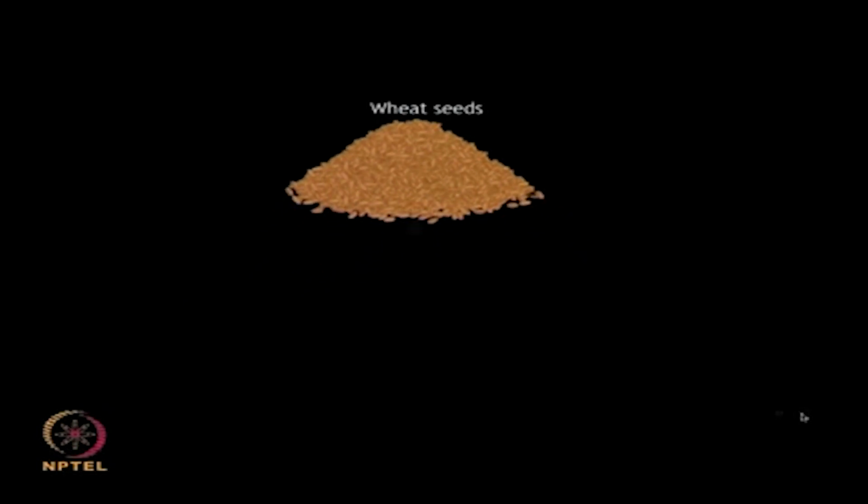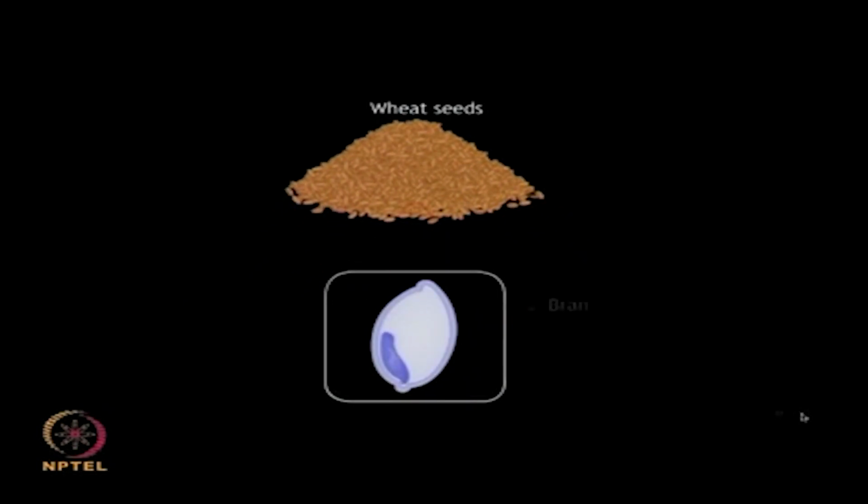Let us now talk about wheat germ extract or WGE. This is one of the most commonly used eukaryotic cell-free expression systems, which is obtained from the embryo of wheat seed.